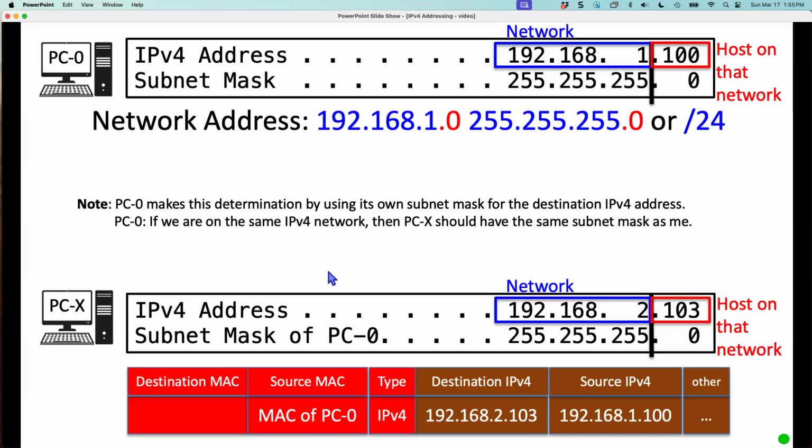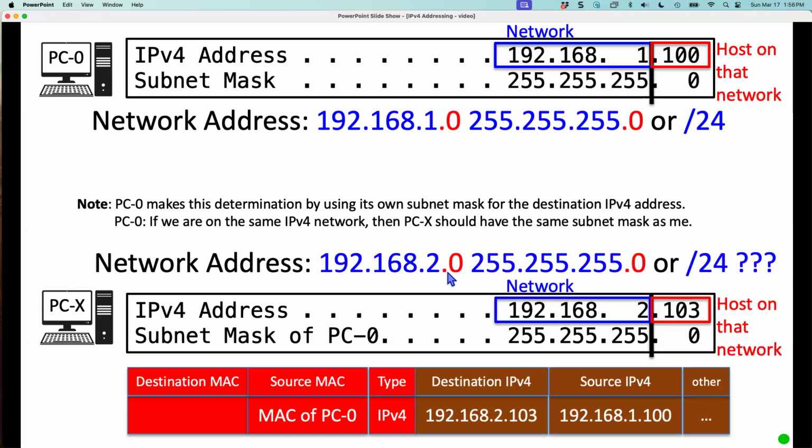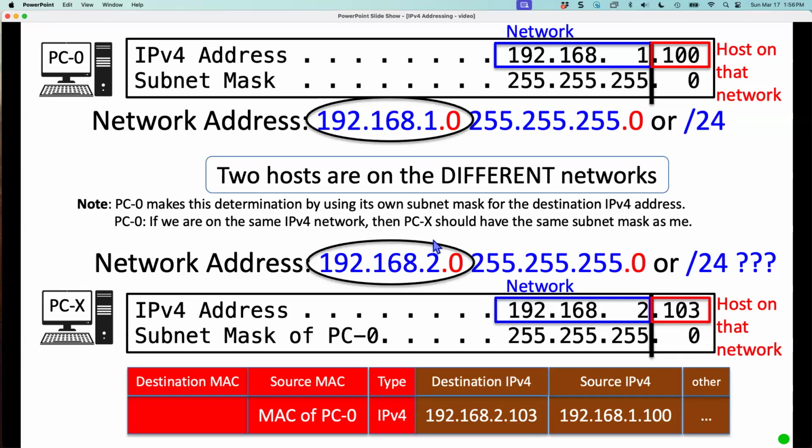Uh-oh, this doesn't look the same. 192.168.2.0. I put question marks here because I don't know your mask, but I do know this. We don't match. This does not match me, so you're not on my network. I'm not sure exactly what your network address is because I don't know your mask, but I know that we're not on the same network.